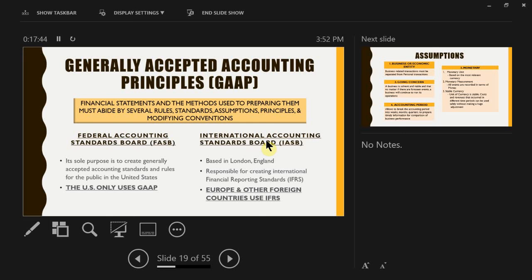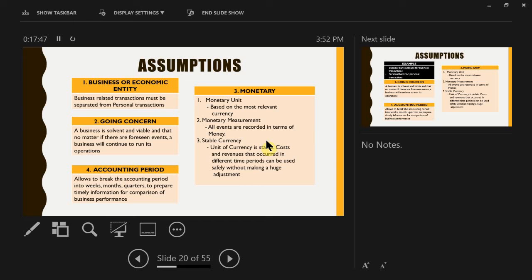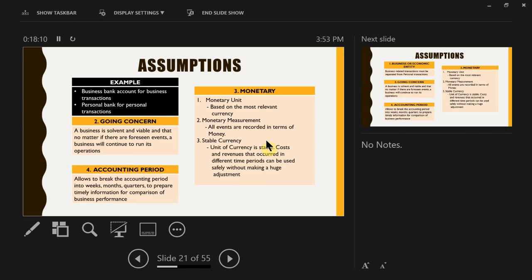All right? So once again, we talked about the assumptions. The first assumption here is your business as an economic entity, right? This tells you that you must create some kind of difference between your business and your personal transactions. A great example is creating a separate bank account for your business and a separate bank account for your personal banking, right?